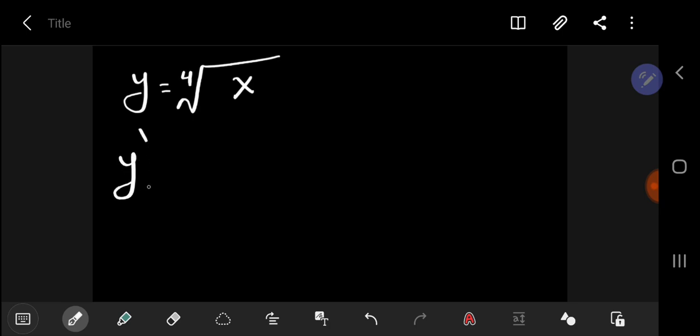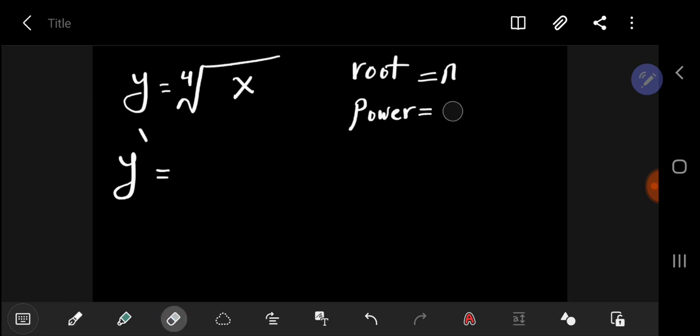Its derivative will be... the root equals what? The root equals n, and the power equals m. Sorry, the root equals n, the power equals m.